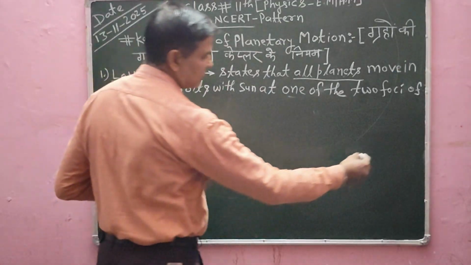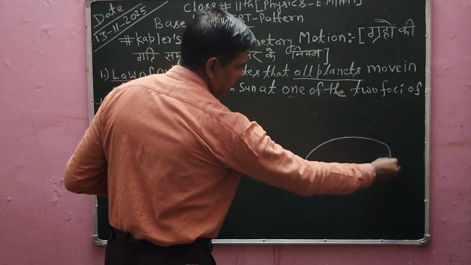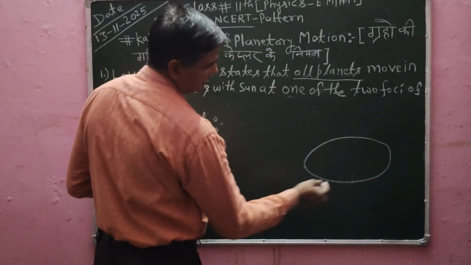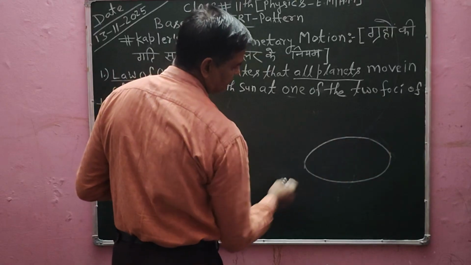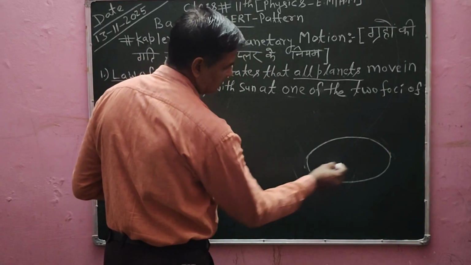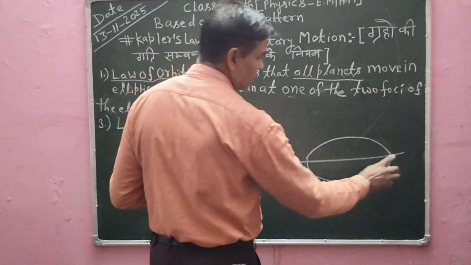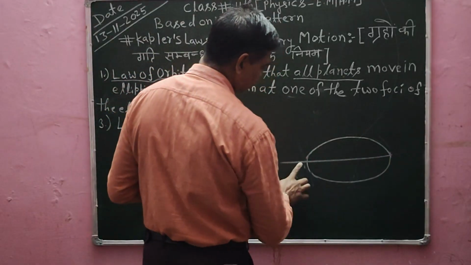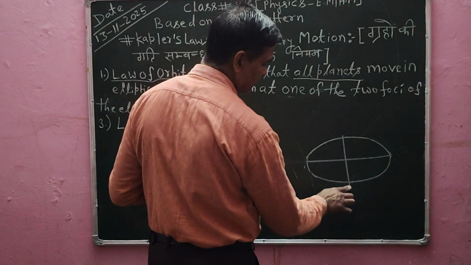Now here again I will draw an elliptical path. This is the elliptical path. I will draw the major axis. Now here I will say this is the major axis and this is the minor axis.